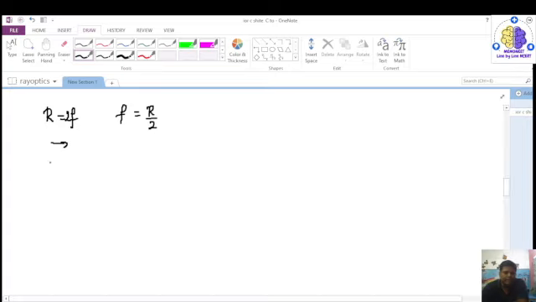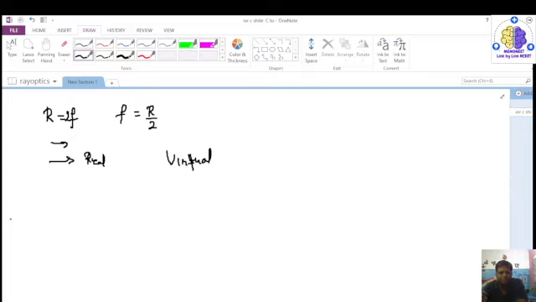The second thing is, there are two types of image formed. One is a real image and another is a virtual image, right? Real image is the image which is formed when the actually reflected light rays meet at a point and form an image. Whereas the virtual image is formed when the reflected light rays are being produced backward, right?